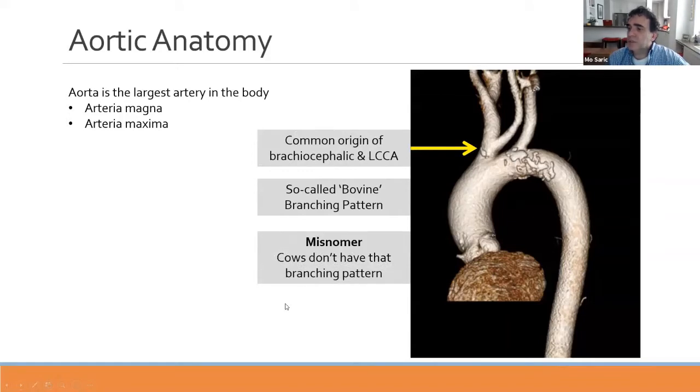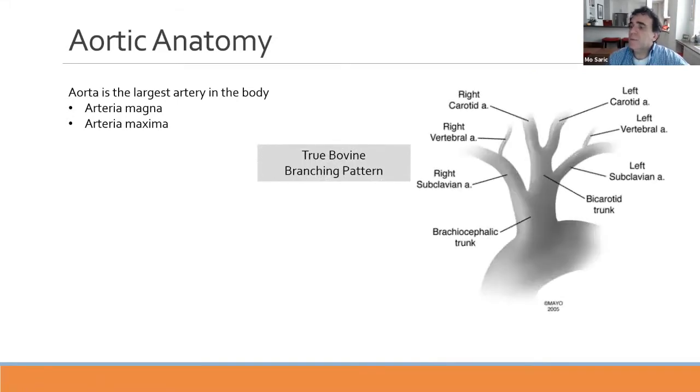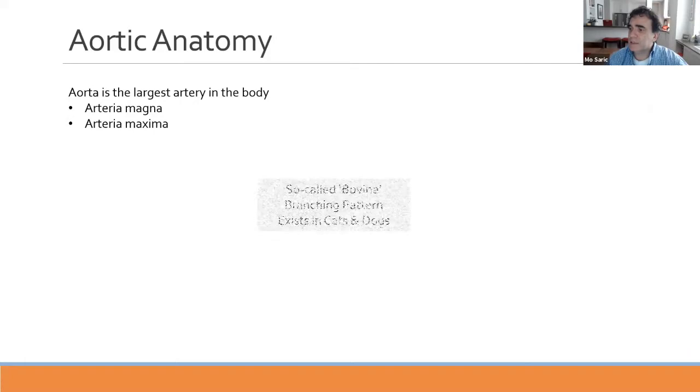This is a complete misnomer because cows actually don't have that branching pattern. This is the true branching pattern, because cows have very long necks, so they have the entire brachiocephalic trunk with all three vessels originating. So we can say that cows have a common origin of all neck vessels.